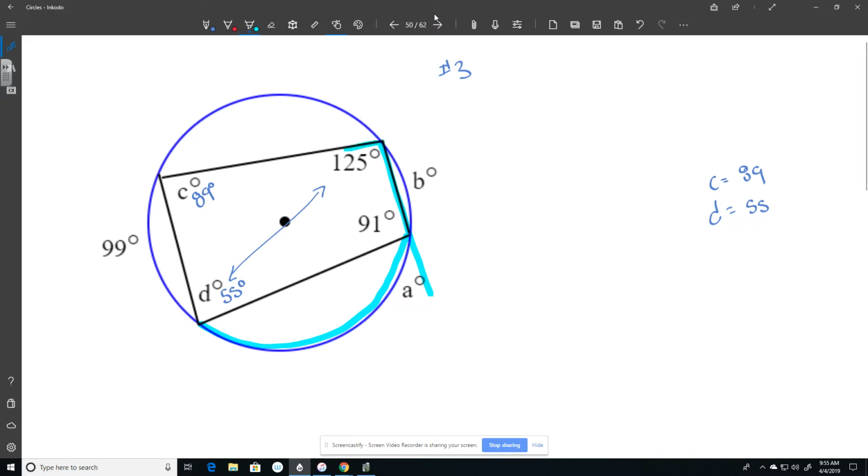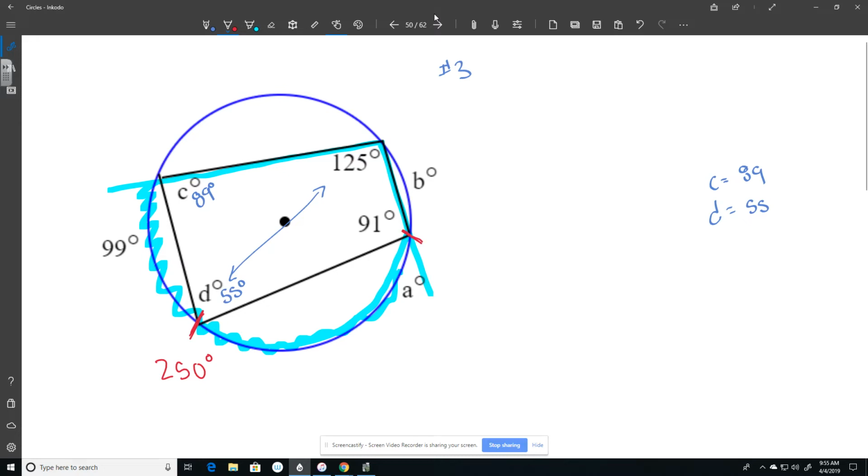And this angle that uses that line won't find me just A, but it will find this whole arc right here. So if this is 125, then my big arc is twice that, which means my big arc is 250 degrees. But I don't want the entire big arc. I just want the A part of it.